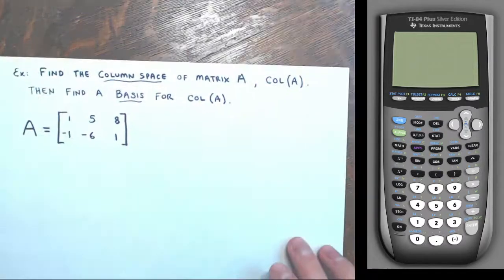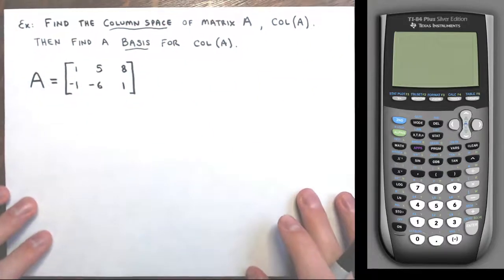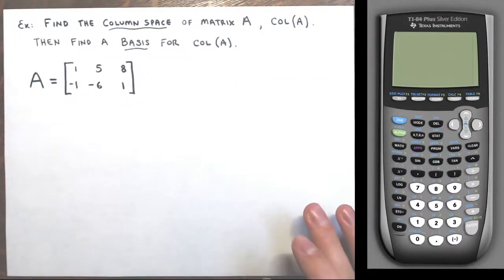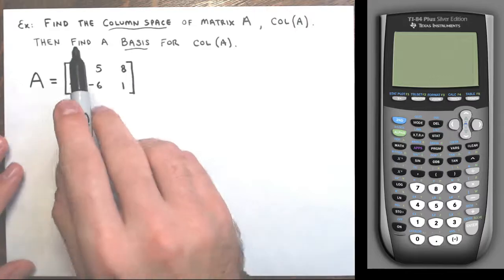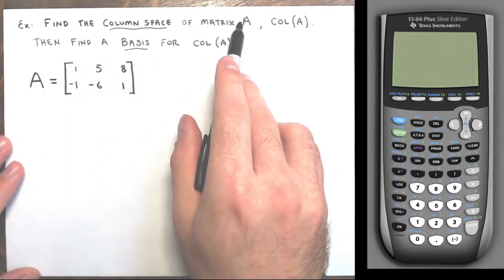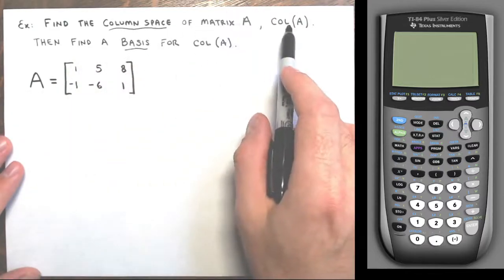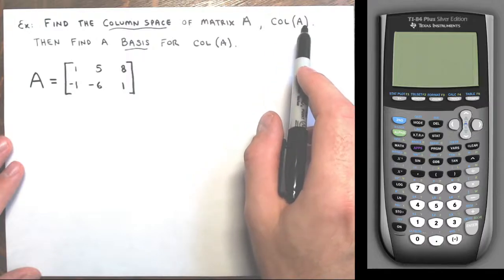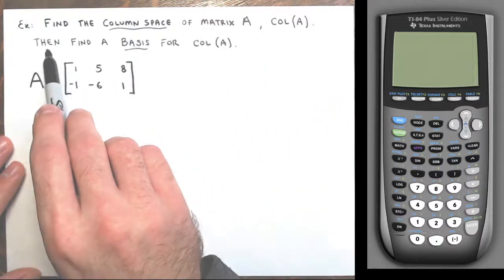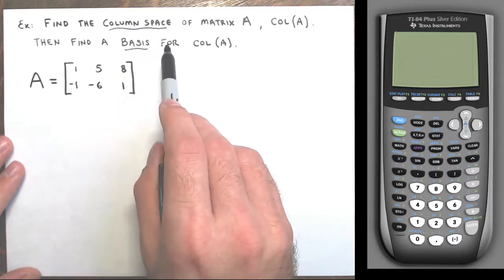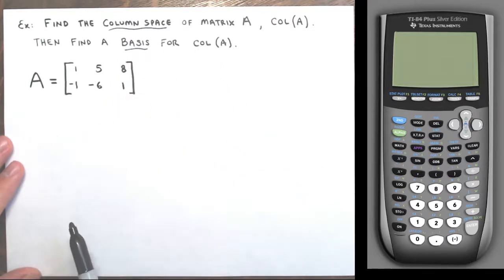Alright, so my first example, I have a 2x3 matrix here. I'm asked to find the column space of matrix A, denoted col A, the column space of A. Then find a basis for the column space of A.